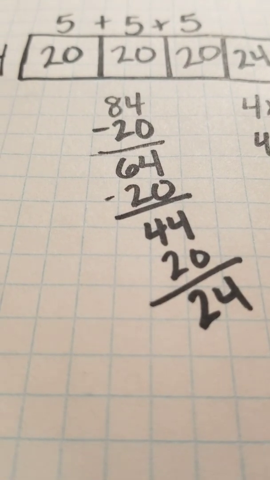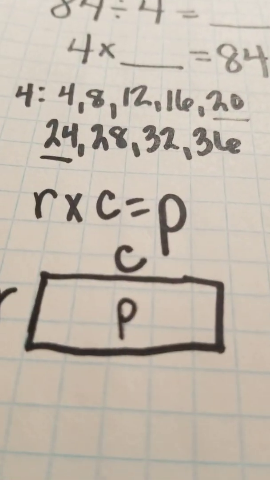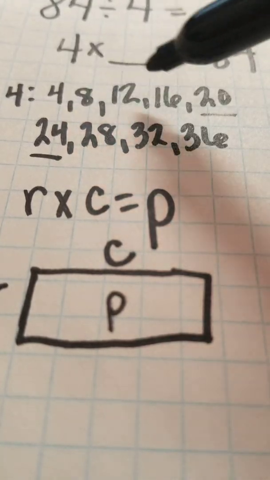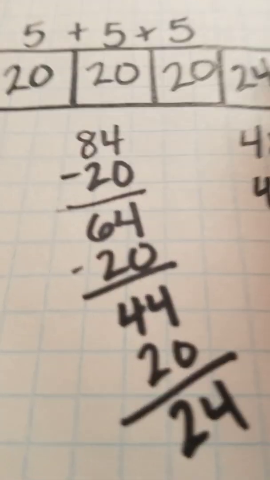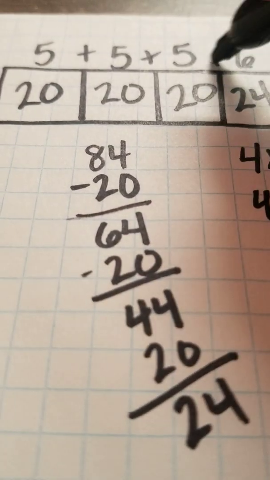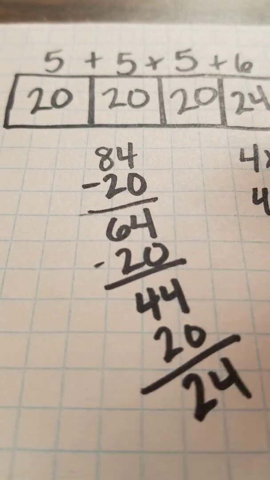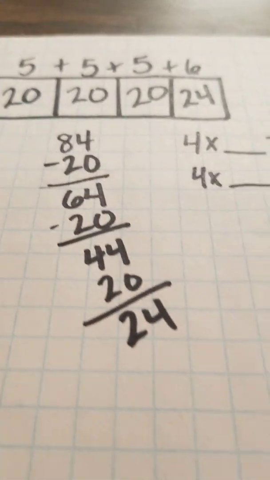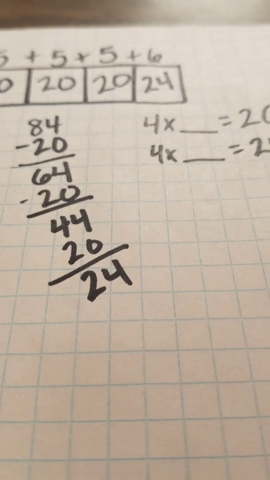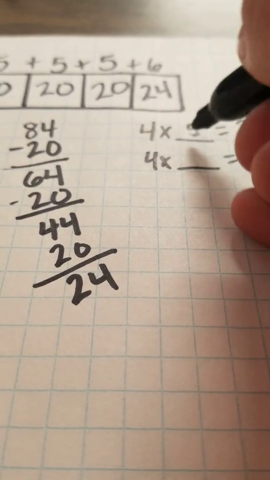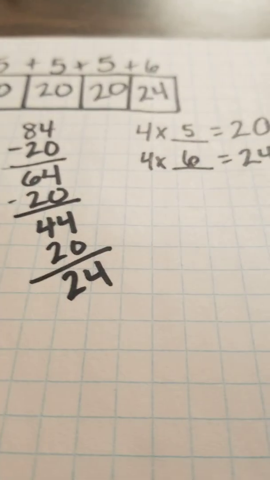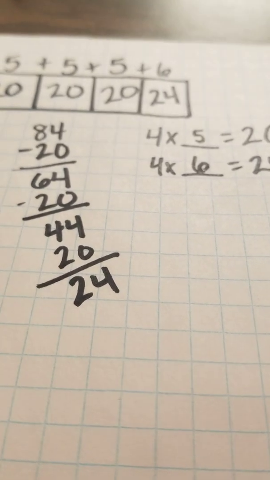The 24, if I go back to my multiples, 1, 2, 3, 4, 5, 6. If you already know that 4 goes into 24 6 times, that's all you're asking yourself: 4 times what equals 20 and 4 times what equals 24. So if you know those, then you don't have to use your multiples list.